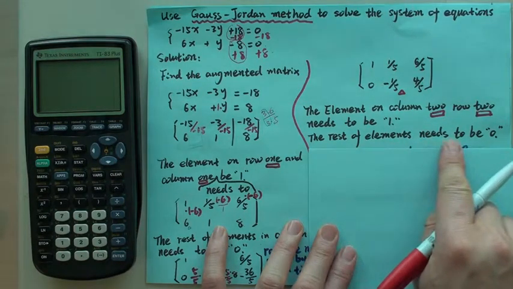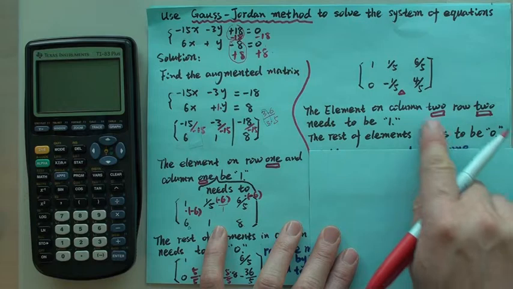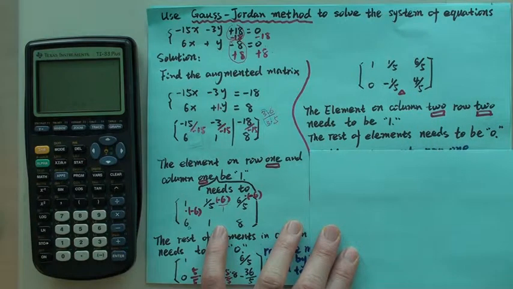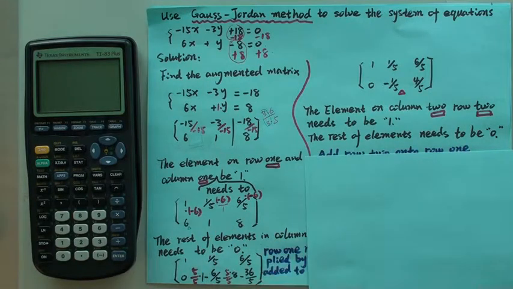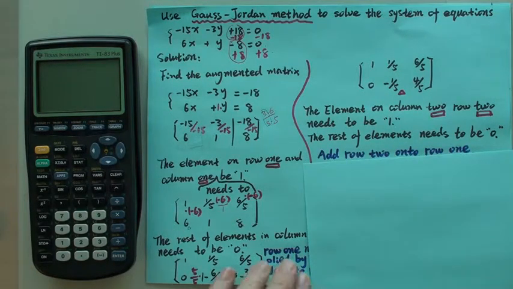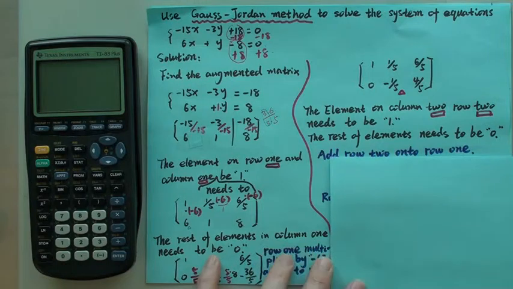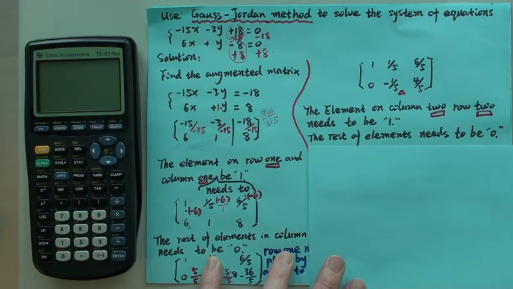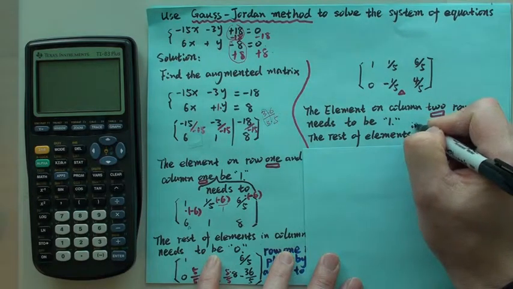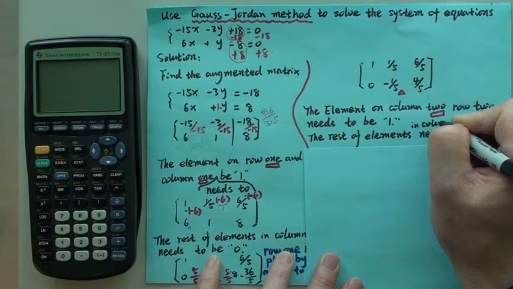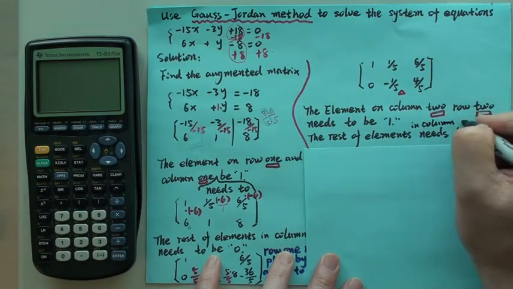The rest of the elements in column 2 need to be 0.